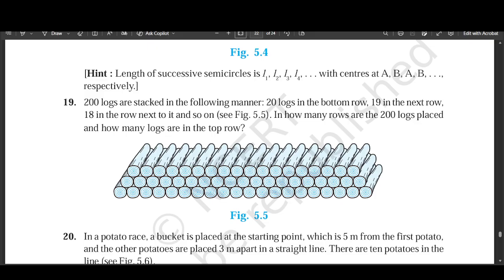So this is the 19th question. So this is equal to 20 plus 19 plus 18 up to n terms, and the sum up to n terms is equal to 200.